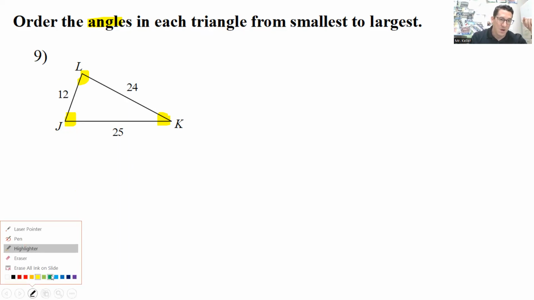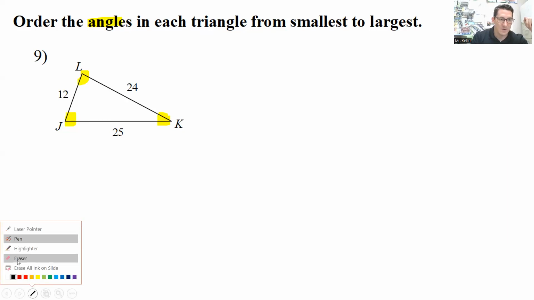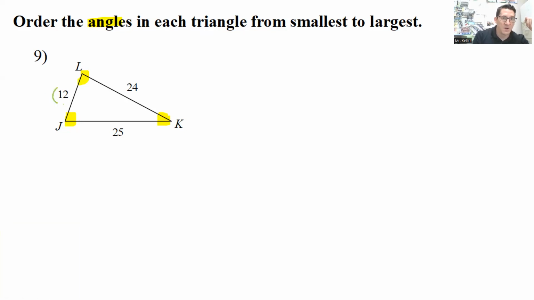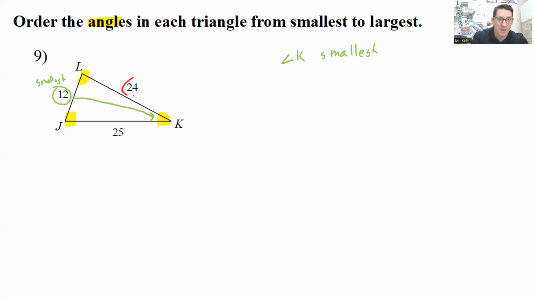So here, we order it. I'm going to do green. Here we have our smallest side, right? 12 is the smallest. So that means angle K is the smallest, because that's the angle across from it. The next smallest, we'll go red.